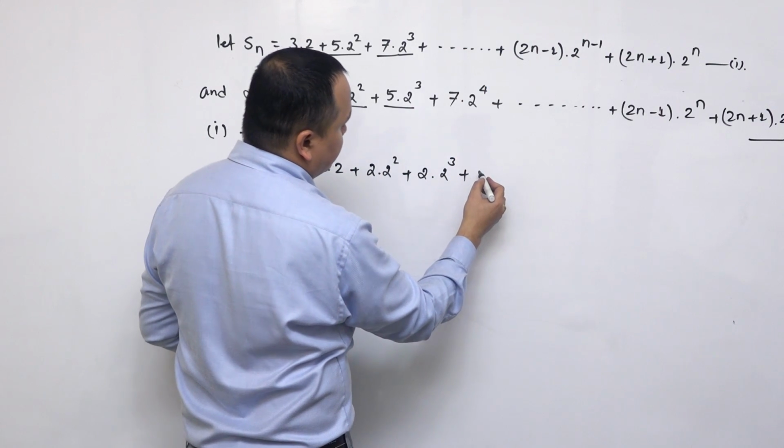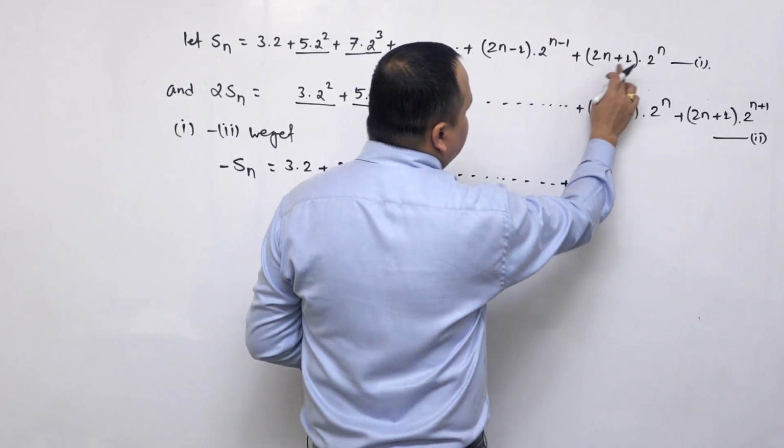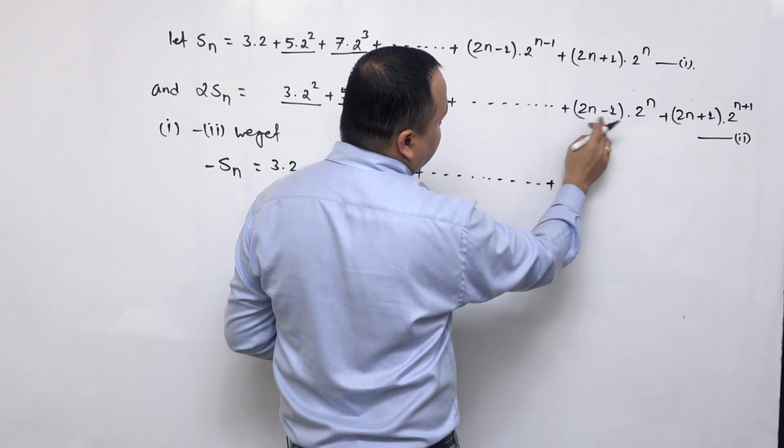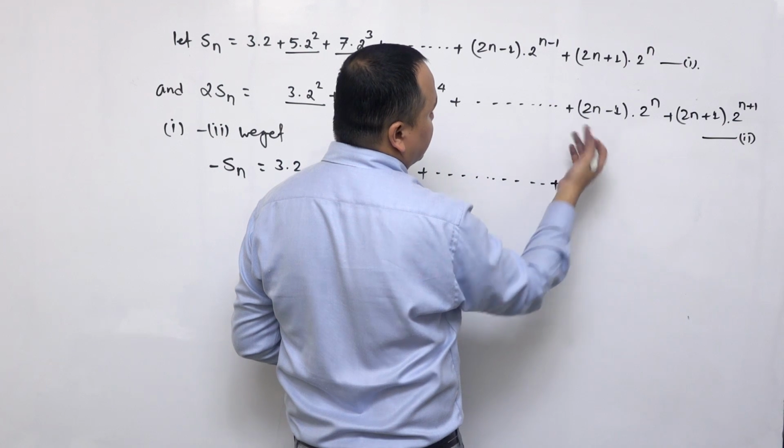Similarly, the 2n plus 1 minus 2n minus 1, 1 minus minus 1, because 2n and minus 2n cancel.